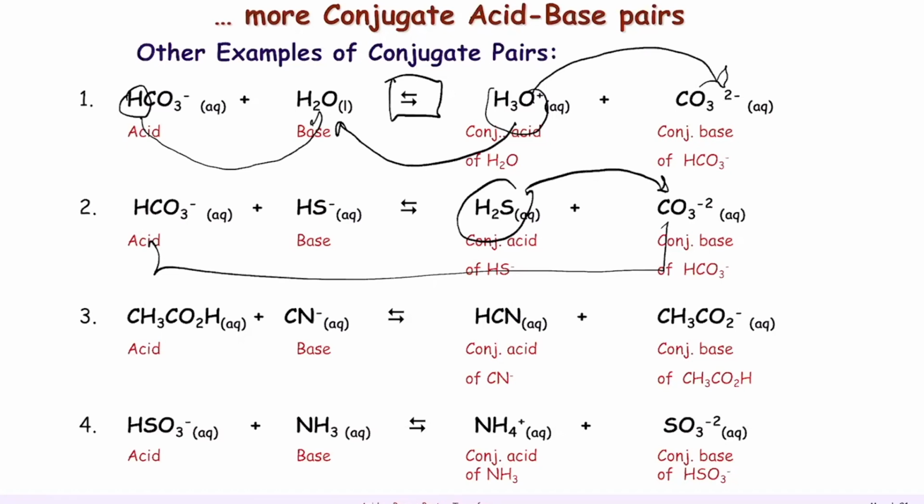The acid becomes the base between the conjugate pairs. So an acid will always have a conjugate pair that is a base. And if it's a somewhat strong weak acid, then the base is somewhat of a strong base. It becomes its opposite.